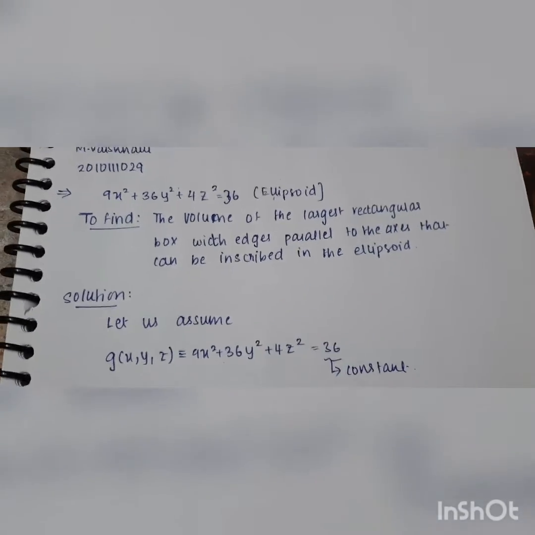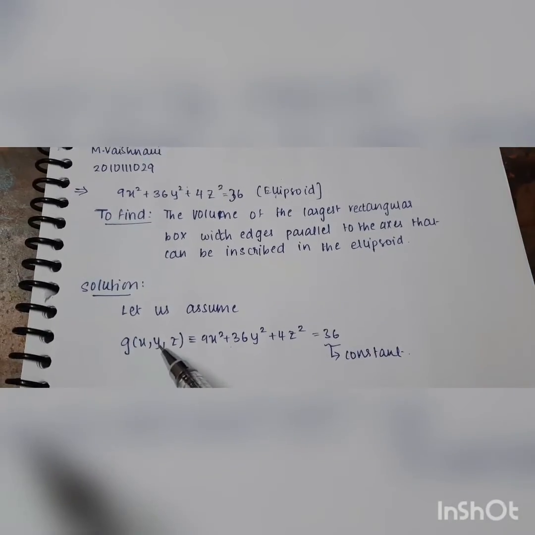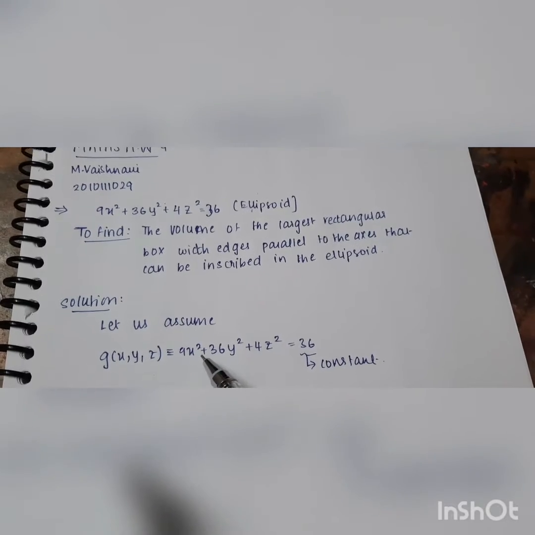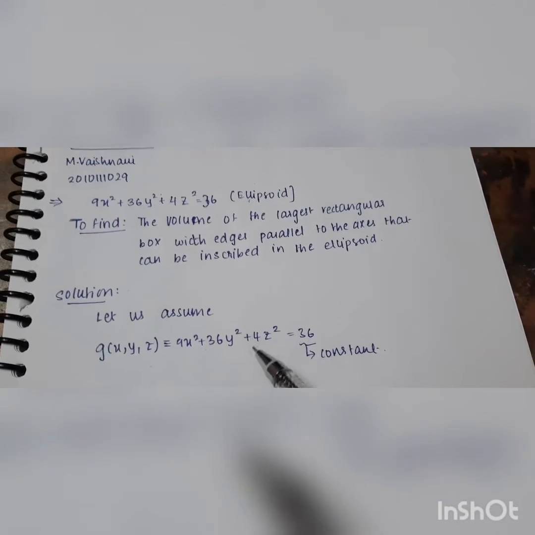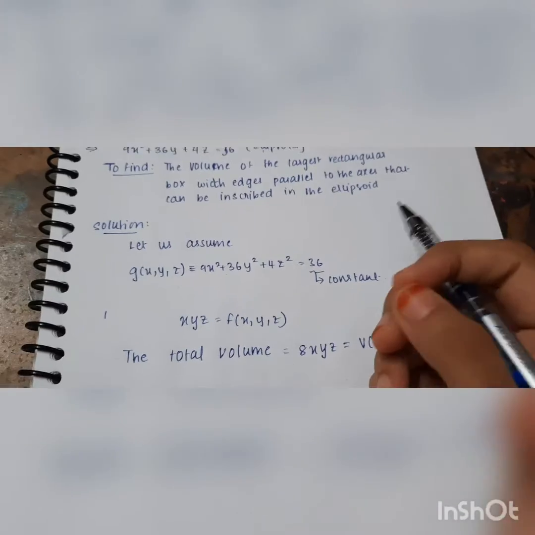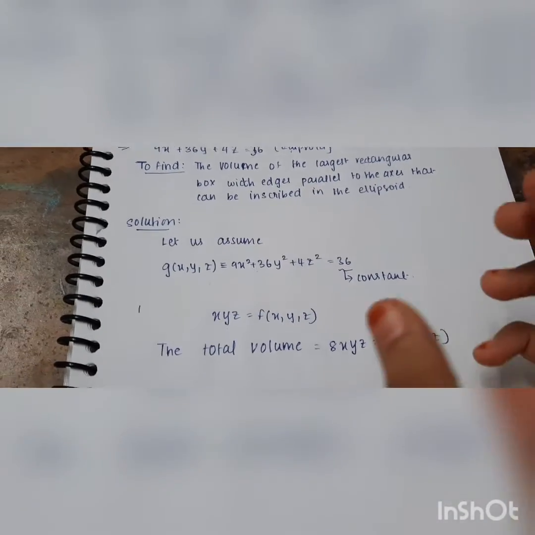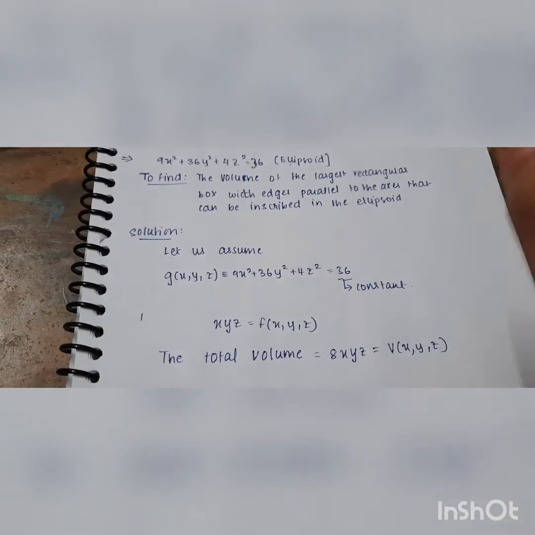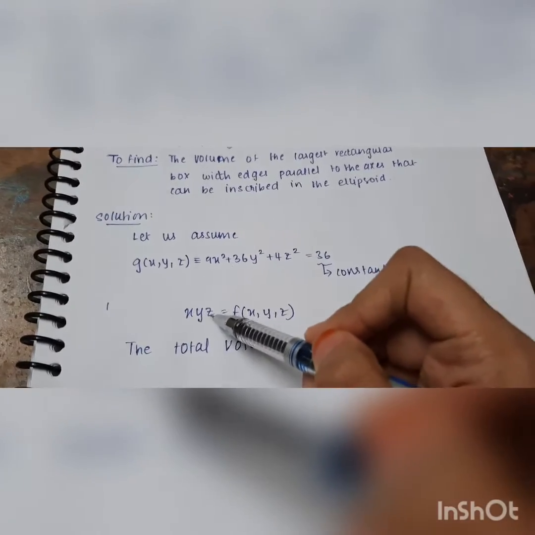So first, let us assume that g of x, y, z is 9x² + 36y² + 4z² equal to some constant, which is 36 as given in the question. And as we know, the maximum volume of the rectangular box in one octant would be x into y into z.